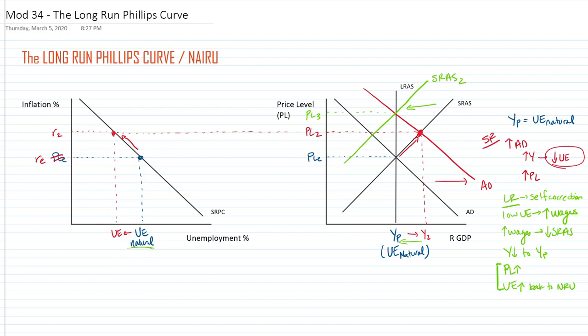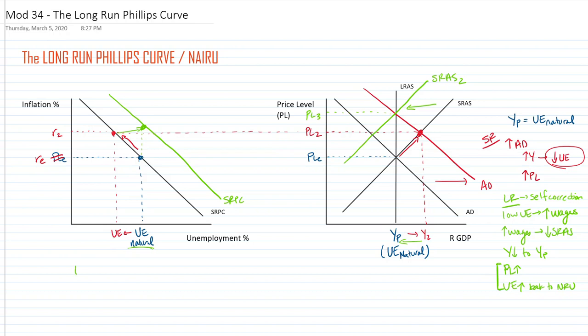Well, we remember our shortcut from last time. This leftward shift of the SRAS is going to result in a rightward shift, a counter shift, in the SRPC. And so we're going to find ourselves coming back over to the natural rate of unemployment, but we are back at the natural rate of unemployment at a higher price level.